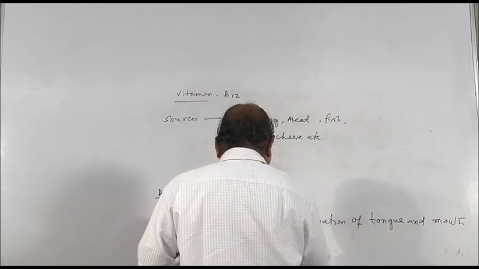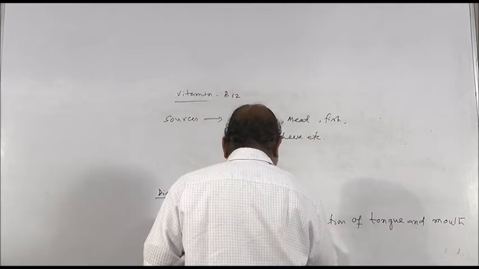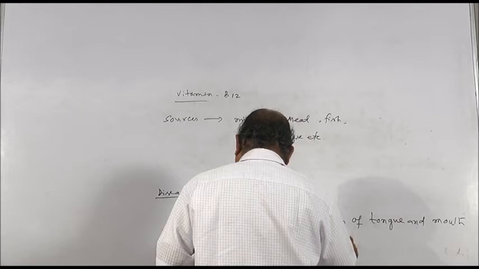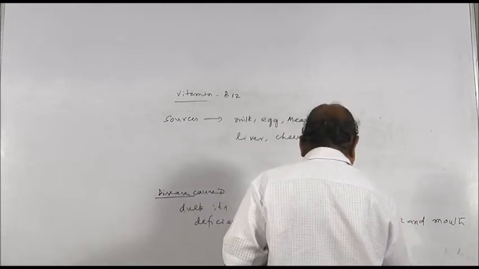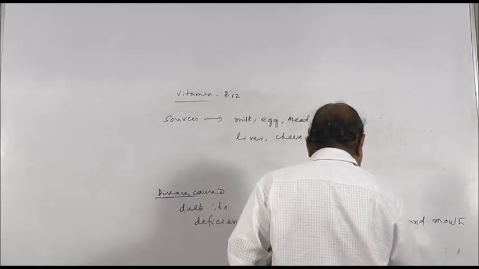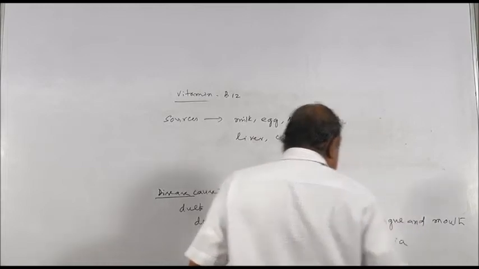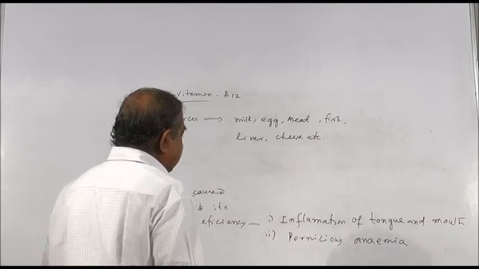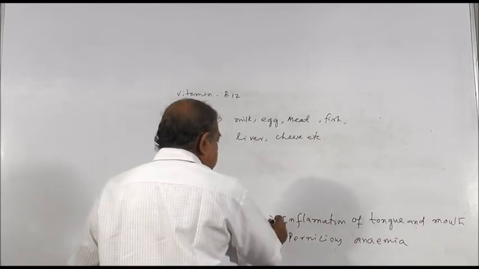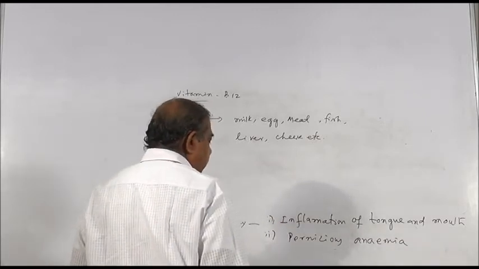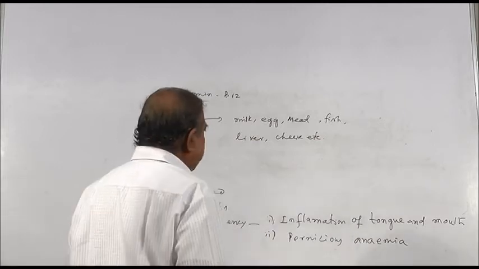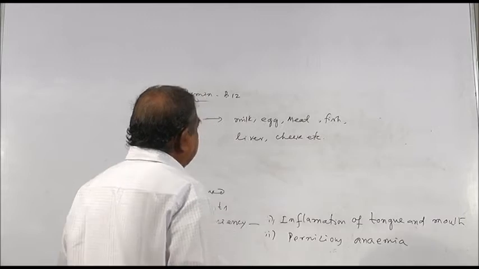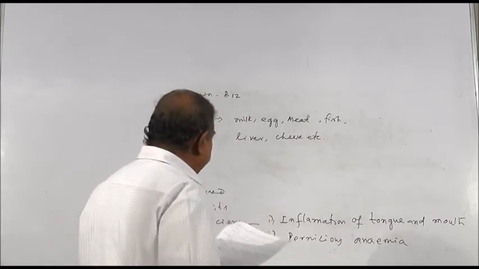Second, you will get pernicious anemia. So due to vitamin B12 absence, there is inflammation of tongue and mouth and pernicious anemia. You can get vitamin B12 from milk, egg, meat, fish, liver, cheese, etc.